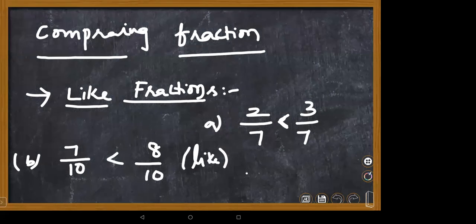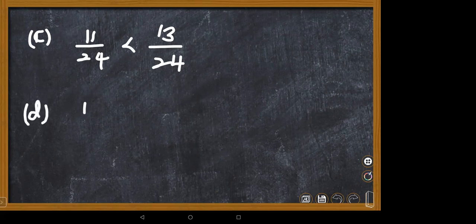And the same way, you just give another one. Daksh, 11/24 and 13/24. Which is greater? 13/24. Very good. The next, Sriharsha, 17/102, 12/102. Which is greater here?